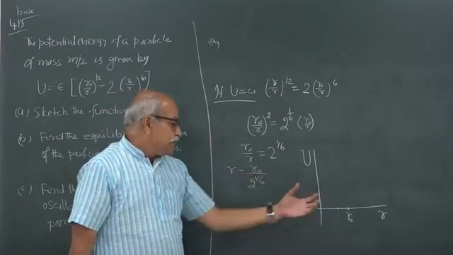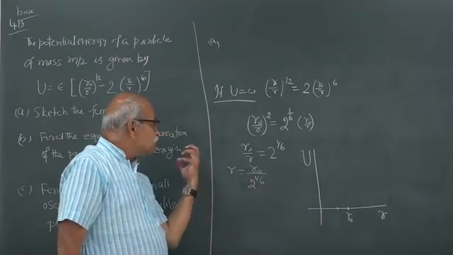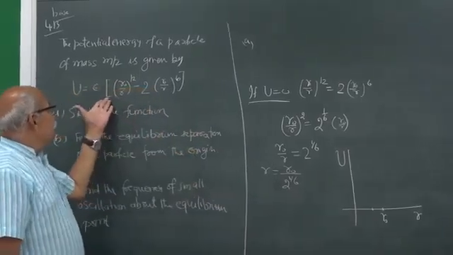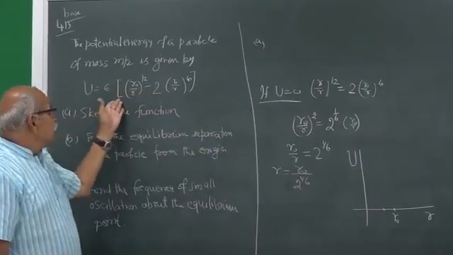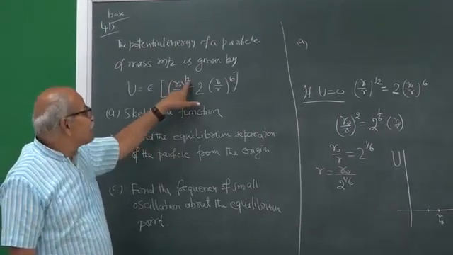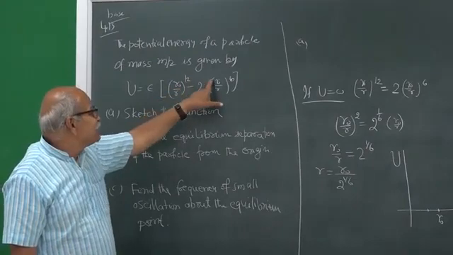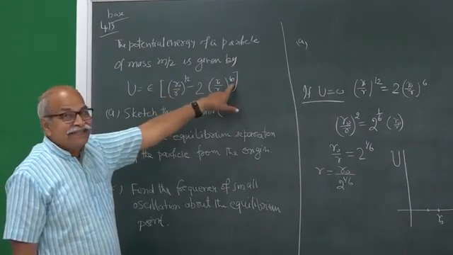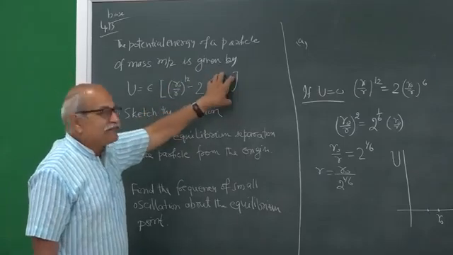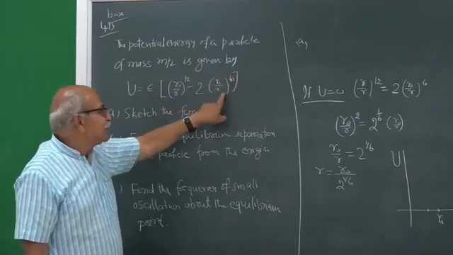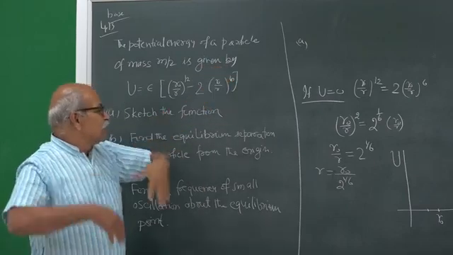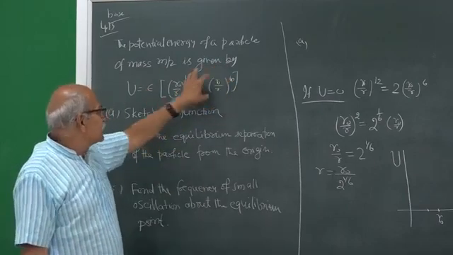Now, what happens if r is very small? If r is very small, you have 1 by r to the power 12 which is very large, and here you have 1 by r to the power 6. This is also very large, but the first is the square of this, so it becomes much larger.